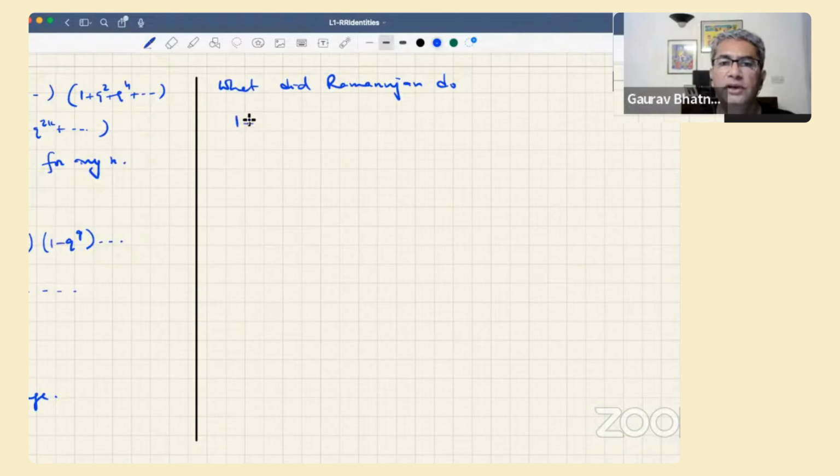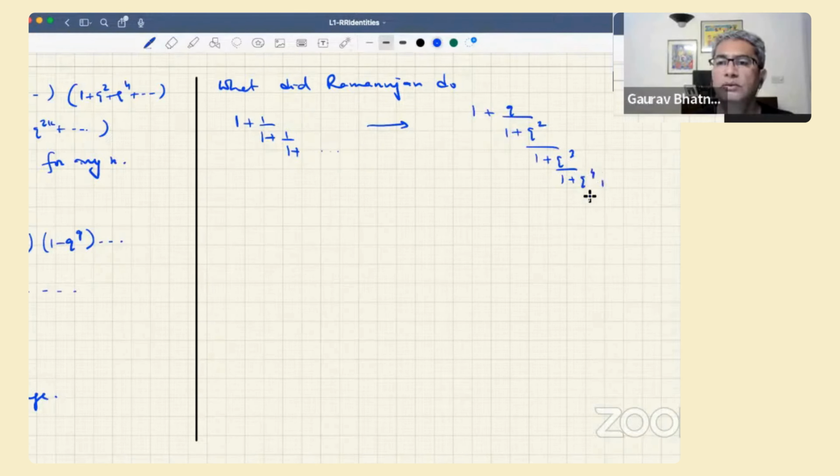He generalized 1 over 1 plus 1 over 1 plus and so on, to 1 over q plus 1 plus q squared, 1 plus q cubed, 1 plus q fourth, and so on. So he just added some q's, and this is also something very natural.